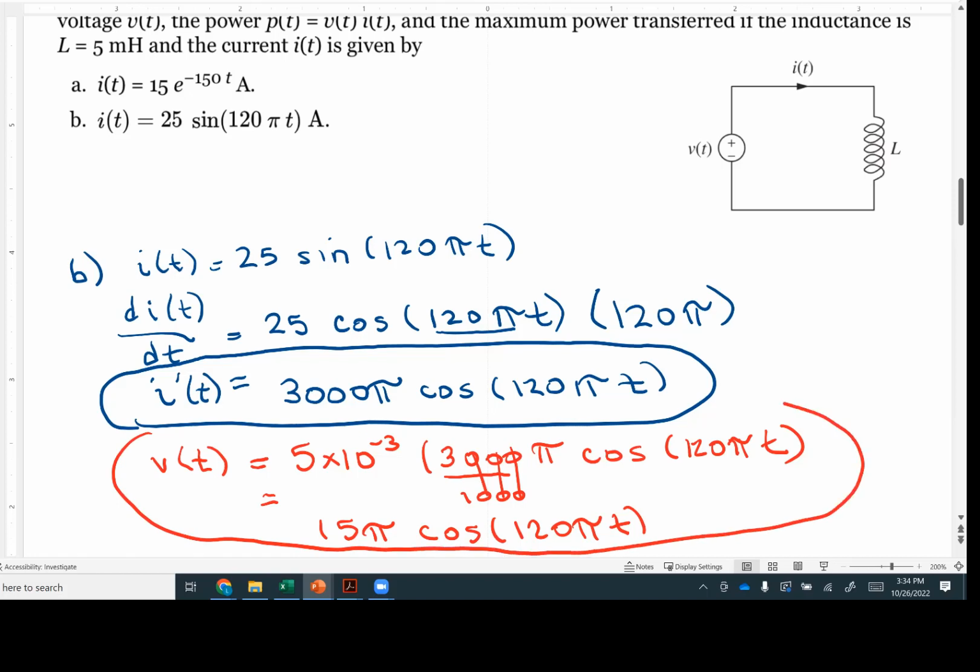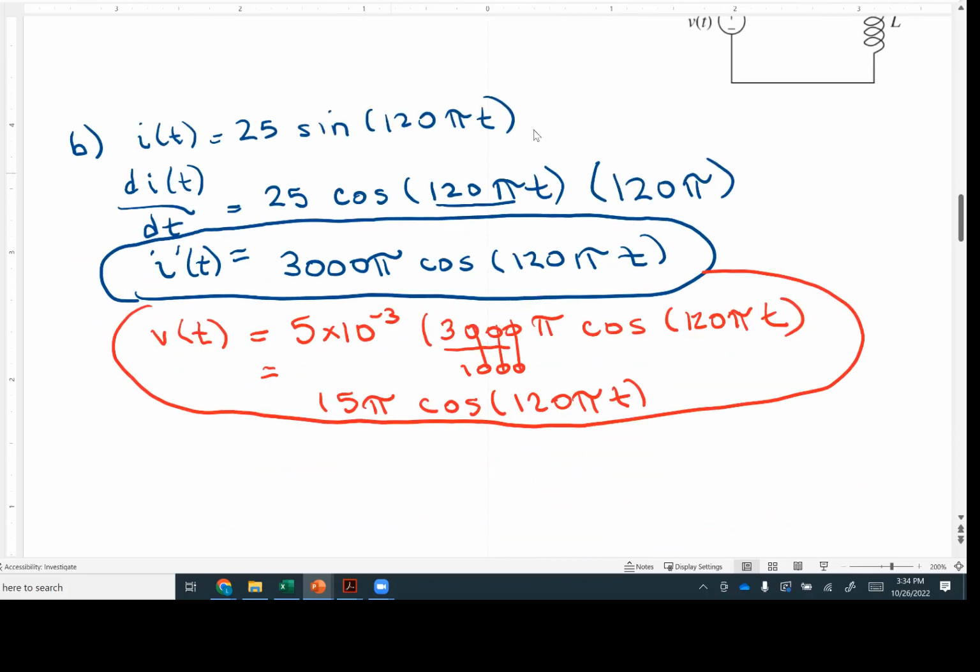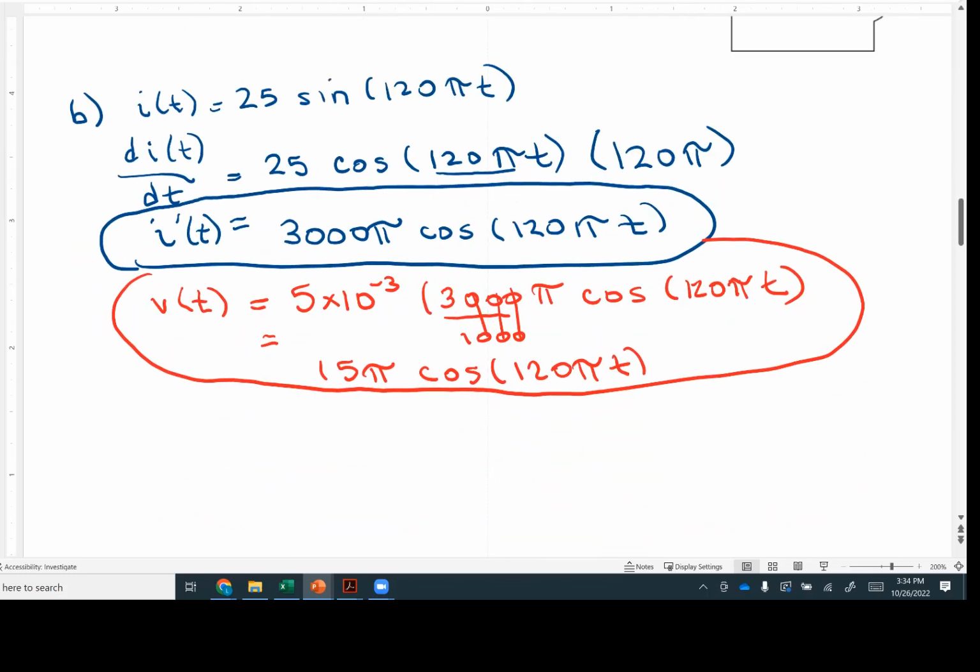We have I of t. We need P of t, which is the multiplication of those two together. P of t is going to equal, V of t is 15 pi cosine of 120 pi t.